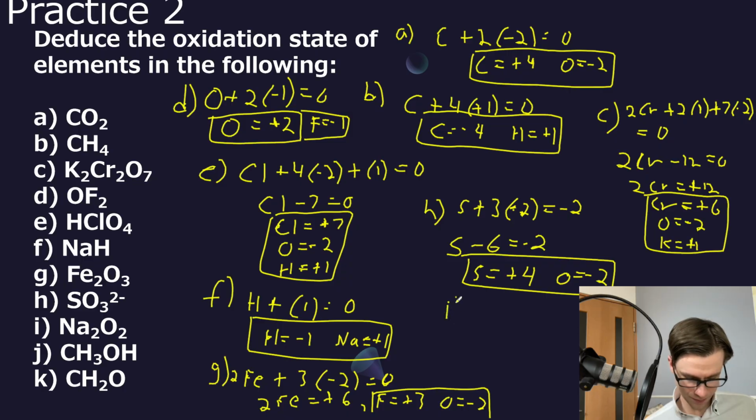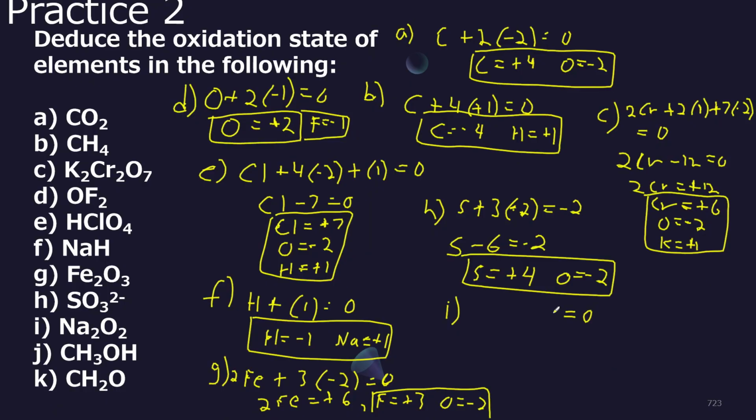I next. Na2O2. Be very careful here, okay? Usually O is 2-, usually Na is plus 1, but we have to break a rule here because they can't both be true to make this equal 0. It must equal 0. So which rule can be broken less? And the answer is the sodium one.